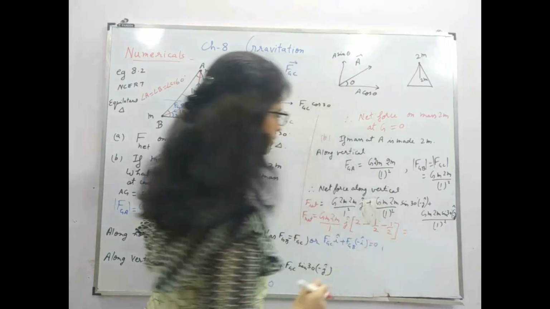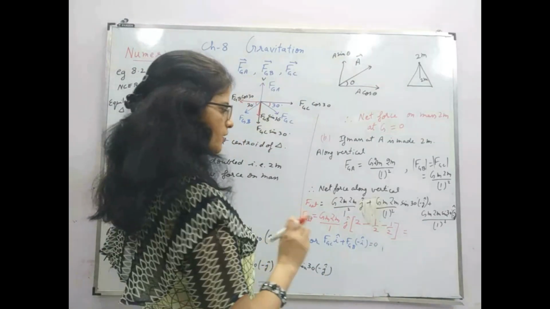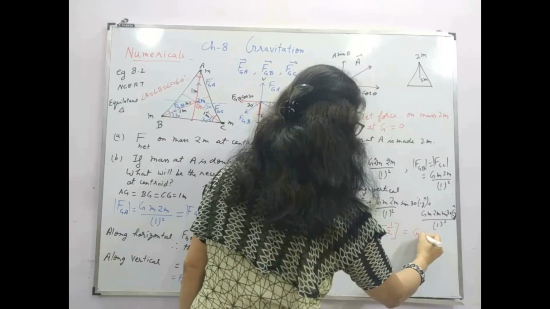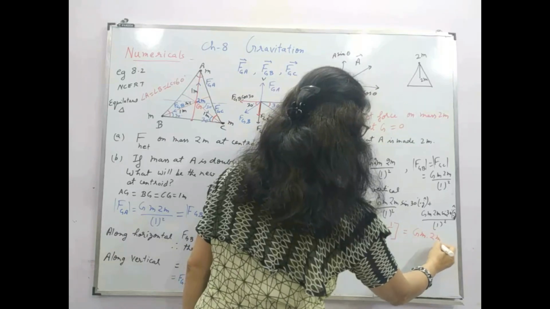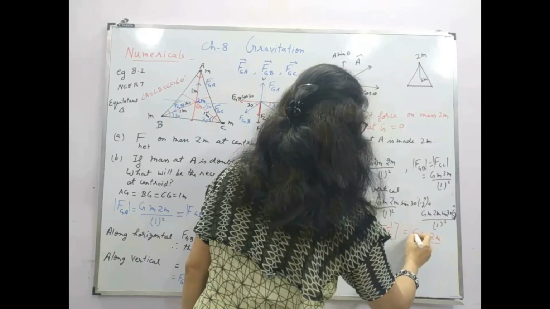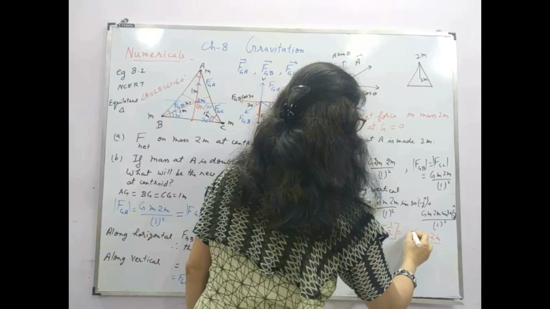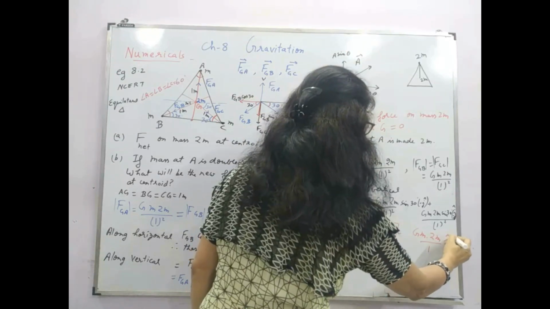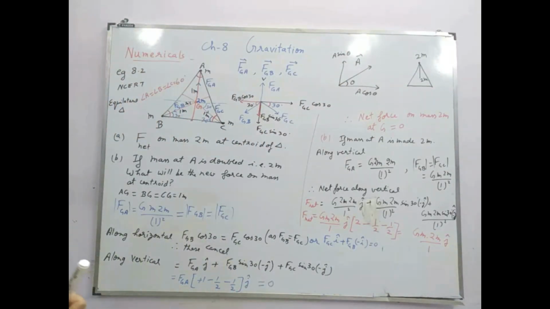So this will give me 2 minus 1, that is 1. So this gives me G into m into 2m upon 1 J cap. So in this case there will be net force where the mass at A is doubled.